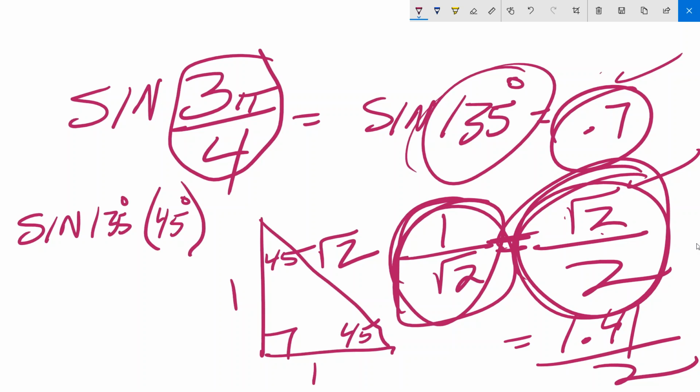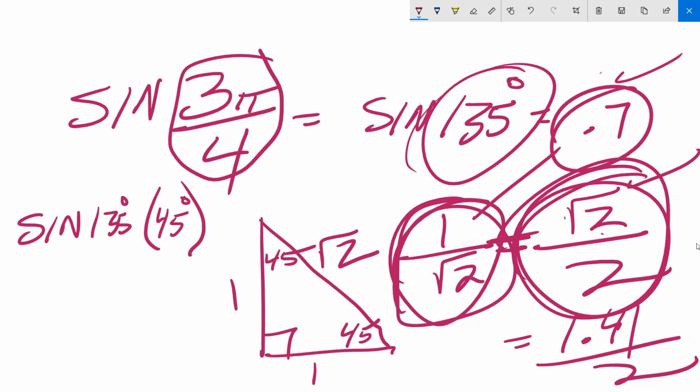But trig is kind of unique, where you end up with an awful lot of these fractions where you have an irrational denominator. And it's not worth the trouble to rationalize it, because there's a whole other group of trig functions you haven't been exposed to yet. And that's cotangent, secant, and cosecant.